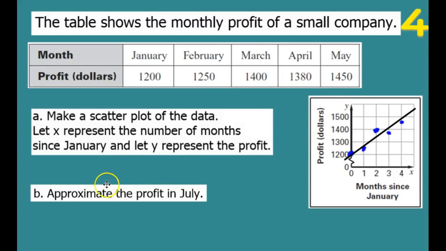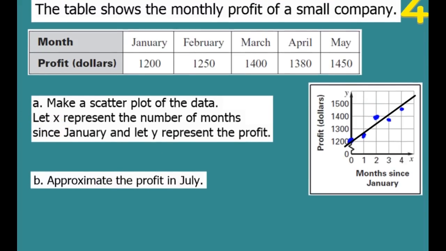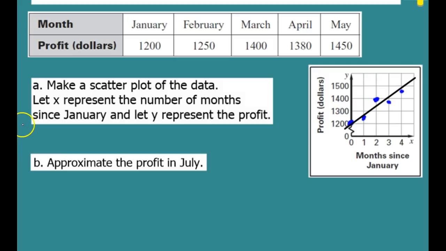So if we were going to approximate the profit in July, we need to figure out how many months after January July is. So at 0 it's January, 1 it's February, 2 it's March, 3 it's April, 4 it's May, 5 would be June, and 6 would be July.